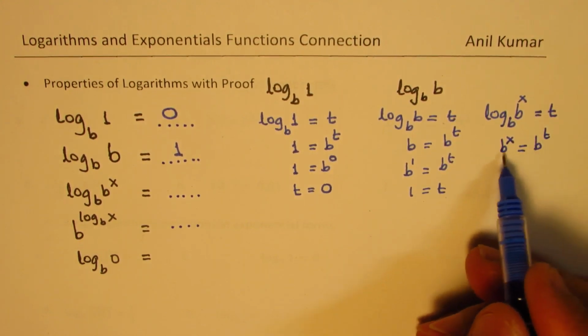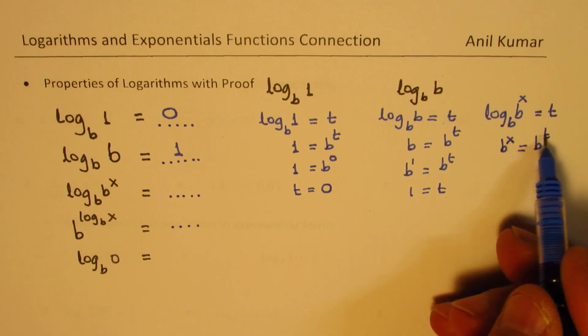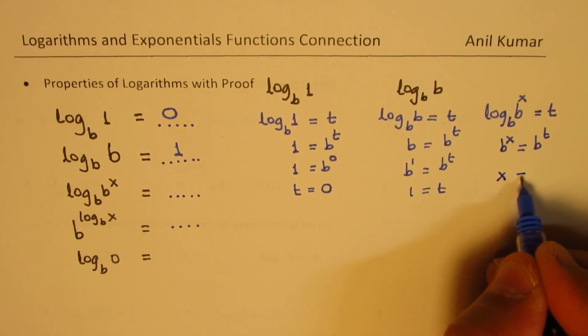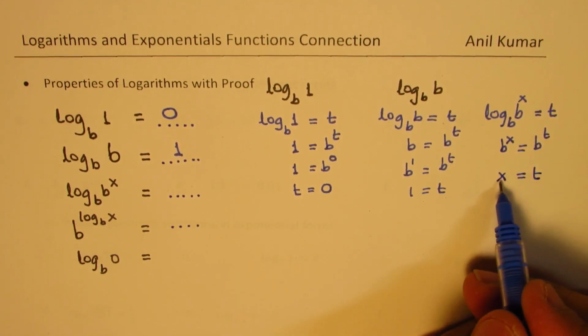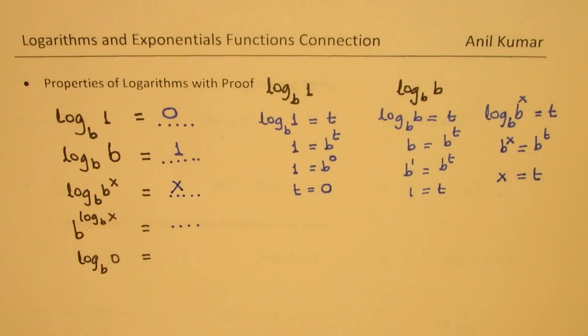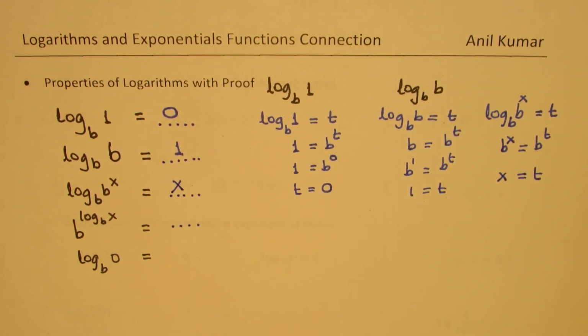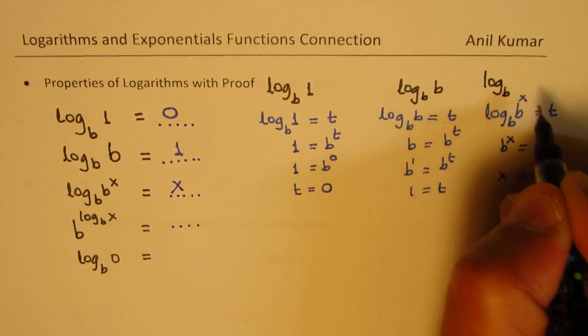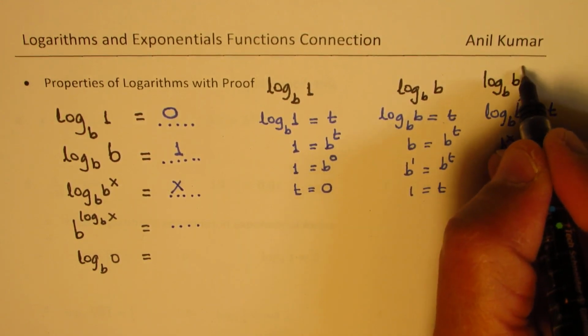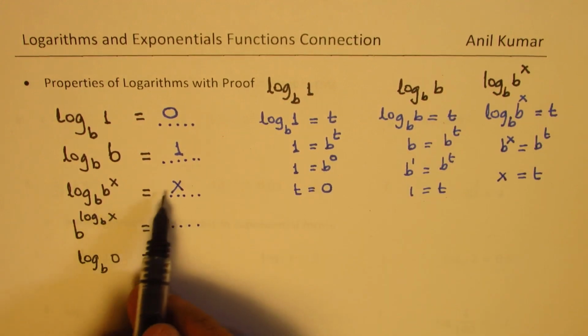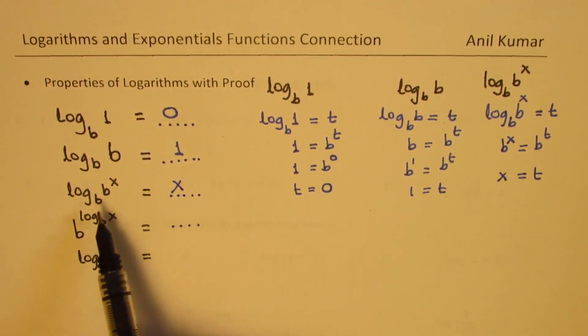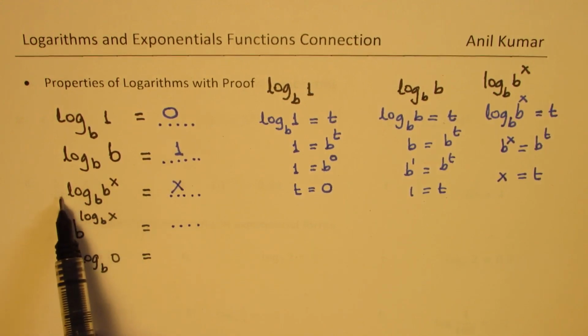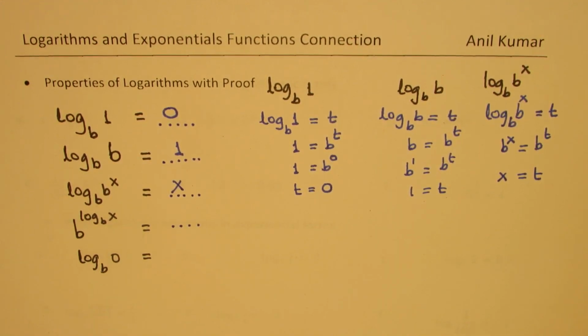Now, b is the same base, and the exponents are x and t. That means x is equal to t. So t is x for us, so we get x here. Is that clear to you? So I've done the derivation for log to the base b of b to the power of x, correct? So we get x as the result. It makes sense. Log to the base b of b is 1, so this is kind of a power rule.